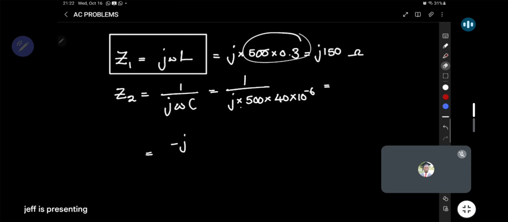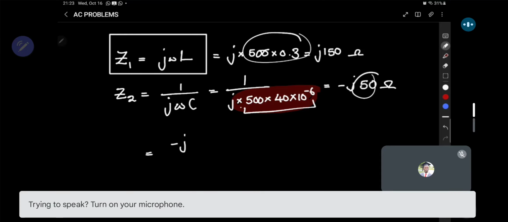So I actually wanted you guys to give me just the product of the denominator first of all. But I'm guessing you have already gone ahead to divide. And if you divide, this is what reduces to minus j. So the minus is already here. And then the 50 will also be present there. And then this will be in ohms. Okay, so multiply, then divide this into 1. Then you end up with that 50 present there.